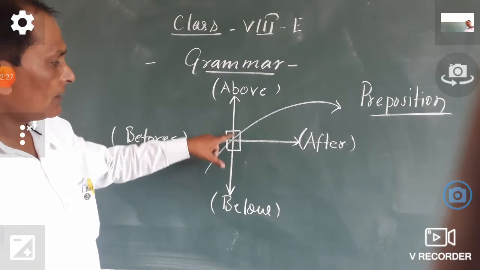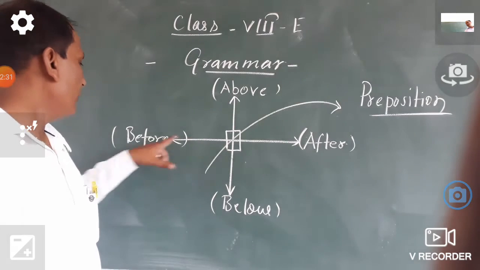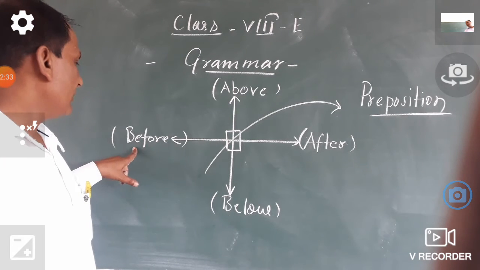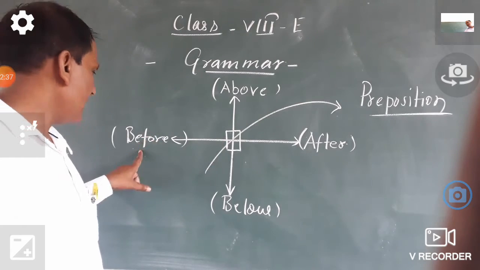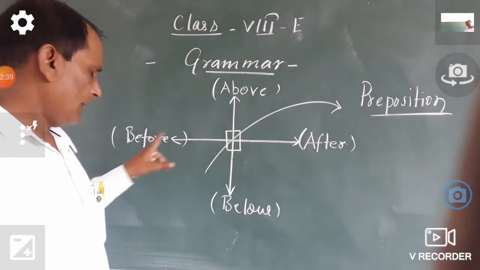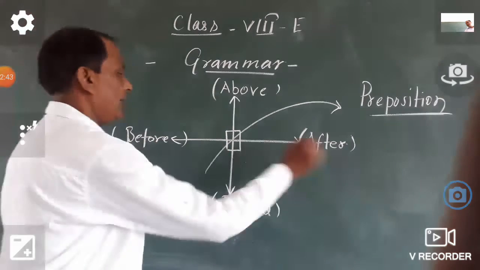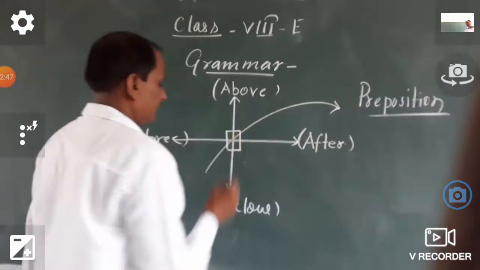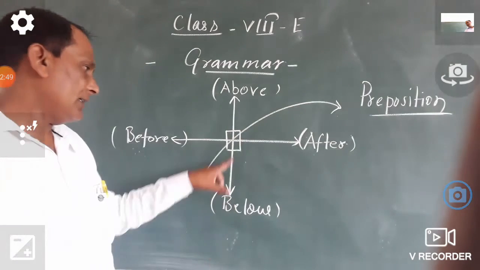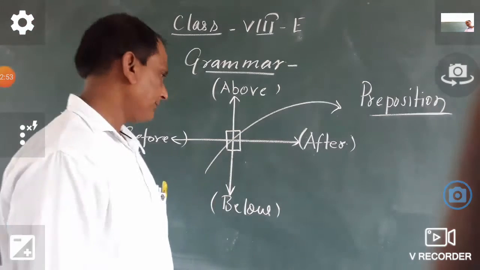the upper part of the surface. And before is used for the surface, that means the thing that is before the surface, and the thing that is after the surface, and the thing that is below the surface. It is for place.